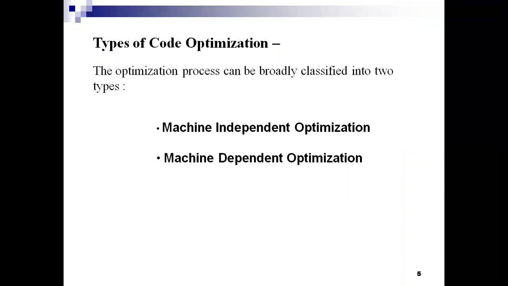We have two main constraints, that is space and time, right? Space and time. And our main goal is to generate efficient target code. If you have a problem like this, the optimizing transformations must be applied carefully, otherwise the code may become time and space inefficient.